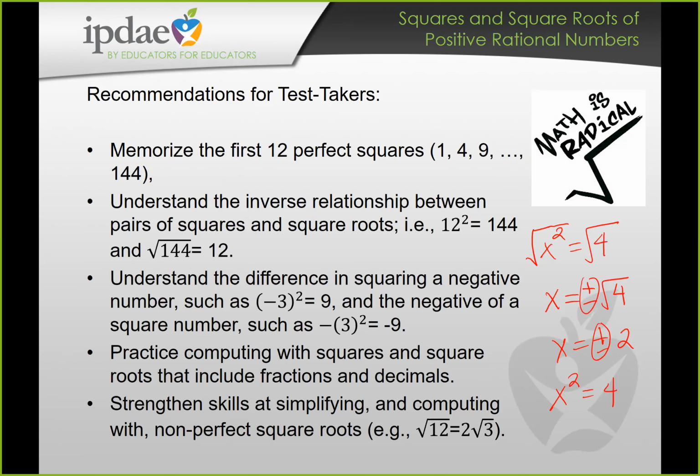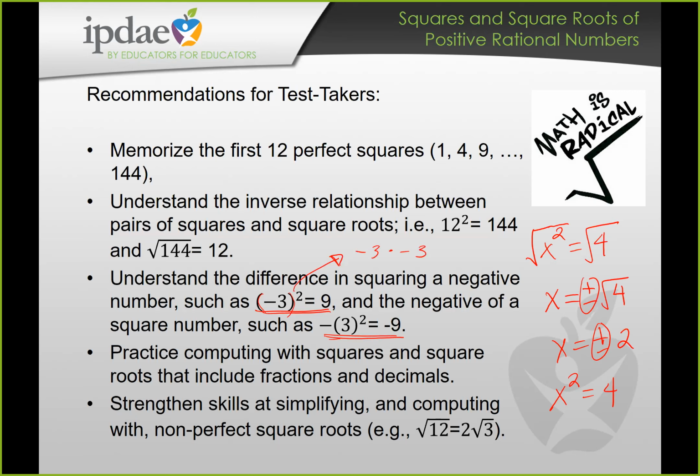So let's look at that. This is another common misconception of students, when the negative confuses them. In this case, if the negative is enclosed within a set of parentheses, that translates to, and I'm going to write it in here, negative 3 times negative 3.